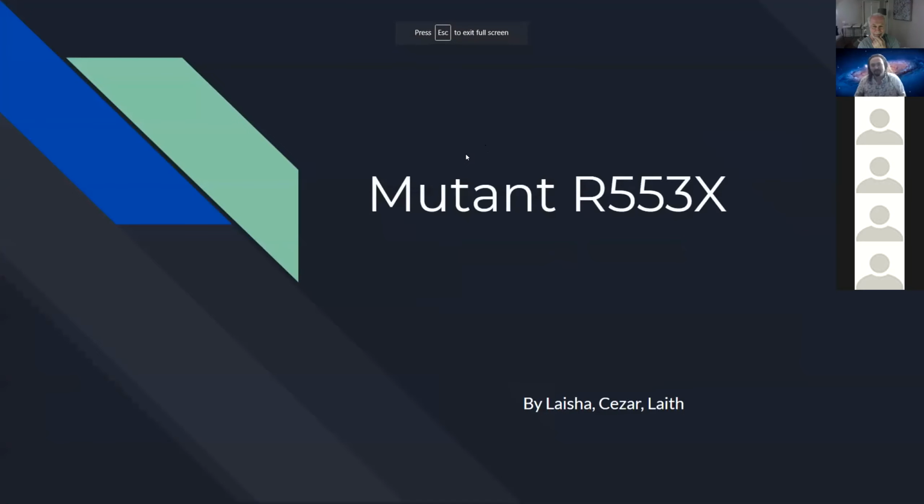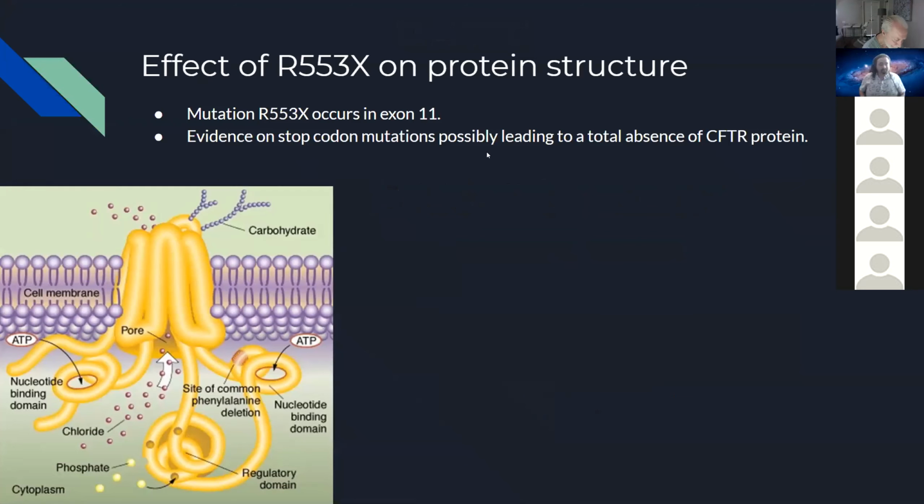All right, so we have mutant R553X. The effect of R553X on protein structure: it occurs in exon 11, and there is evidence that stop codon mutations possibly lead to a total absence of CFTR protein.